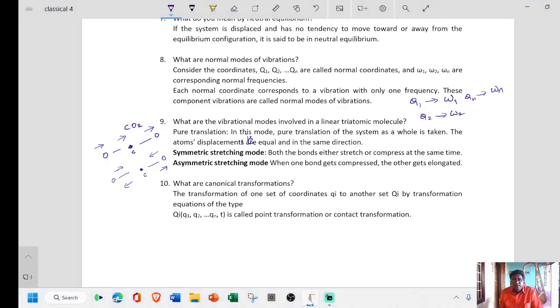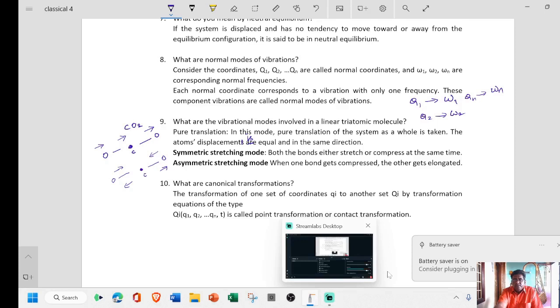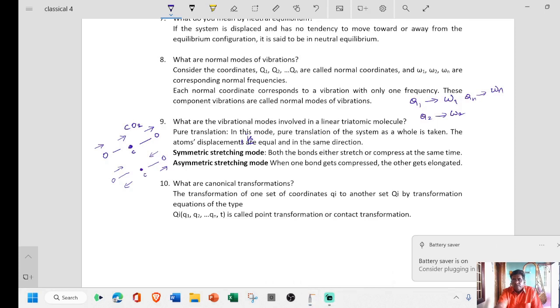And the final case is asymmetric stretching mode. When one bond gets compressed, the other gets elongated. See this case, this is central carbon to oxygen.